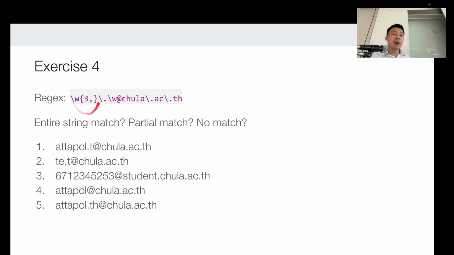The second one, no match because we require it to be at least 3. So we use a quantifier here, right? What about this one? Some people shake their head. So yeah, no match because this part, would this match? \W would match the numbers too, right?